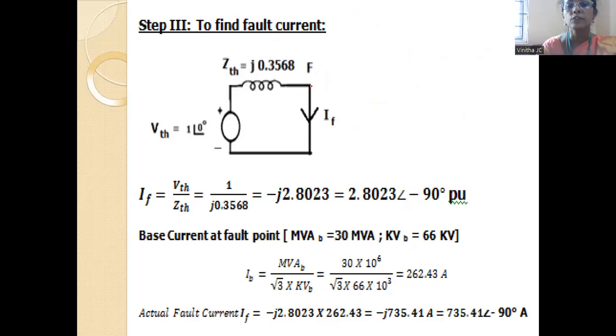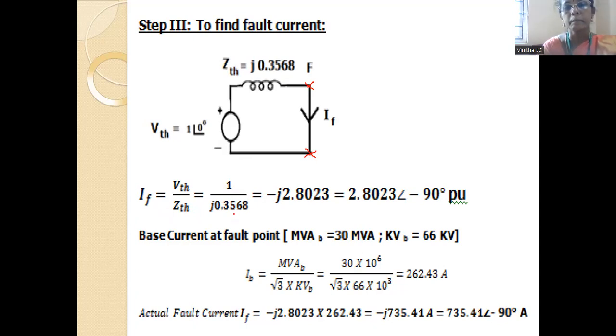In order to find the fault current, we have to short circuit the faulty terminals. So the fault current IF will be flowing through the circuit. So we can calculate the fault current. What is the formula? IF is equal to VTH divided by ZTH. So VTH is nothing but 1 angle 0 degrees divided by ZTH, which is J.3568.